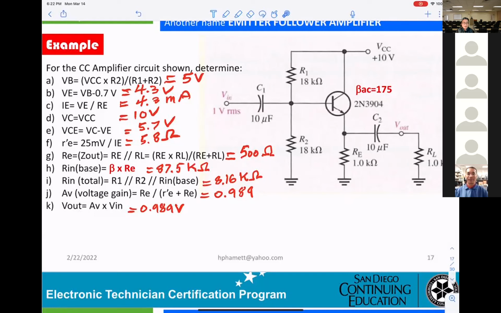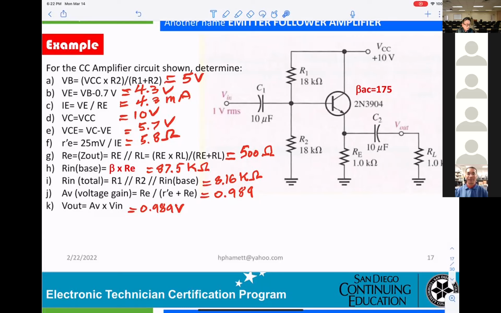So if you're doing all of the calculation, you can see the gain for this amplifier will be equal to 1 or less. That means it has no more gain. Whatever input coming in, the output coming out is a little less than the input.